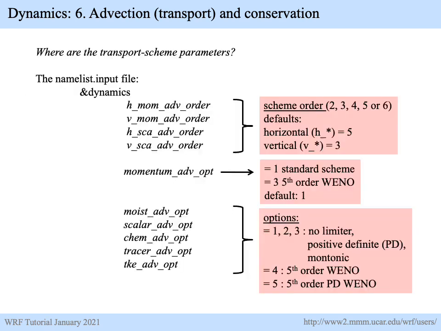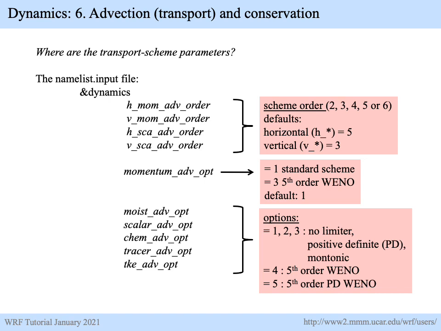In the remaining portion of this lecture, we'll look at how to set the integration parameters. Usually, these are found in the namelist.input file that controls the Advanced Research WRF integration. The transport schemes, here's the list of parameters that you will see, and it sits in the dynamics section of that namelist.input file.